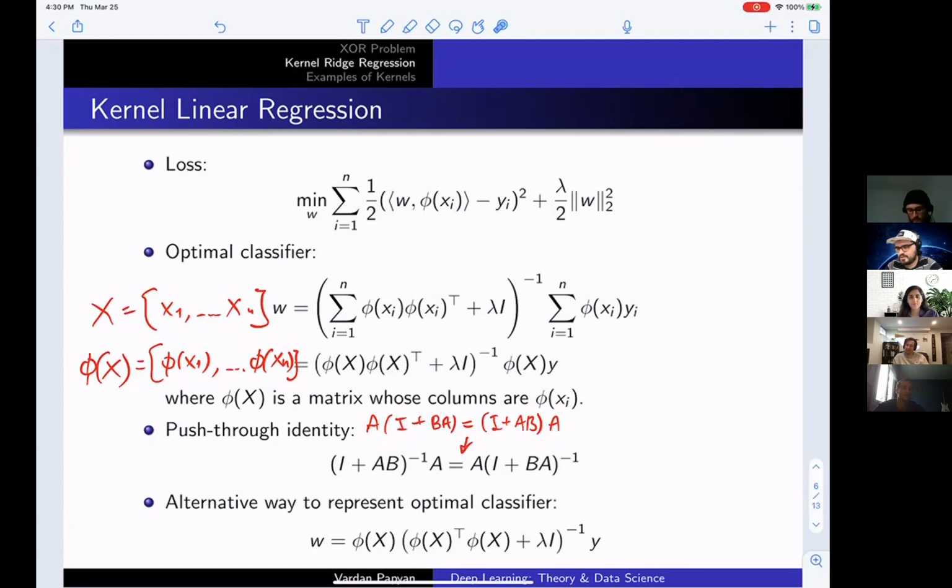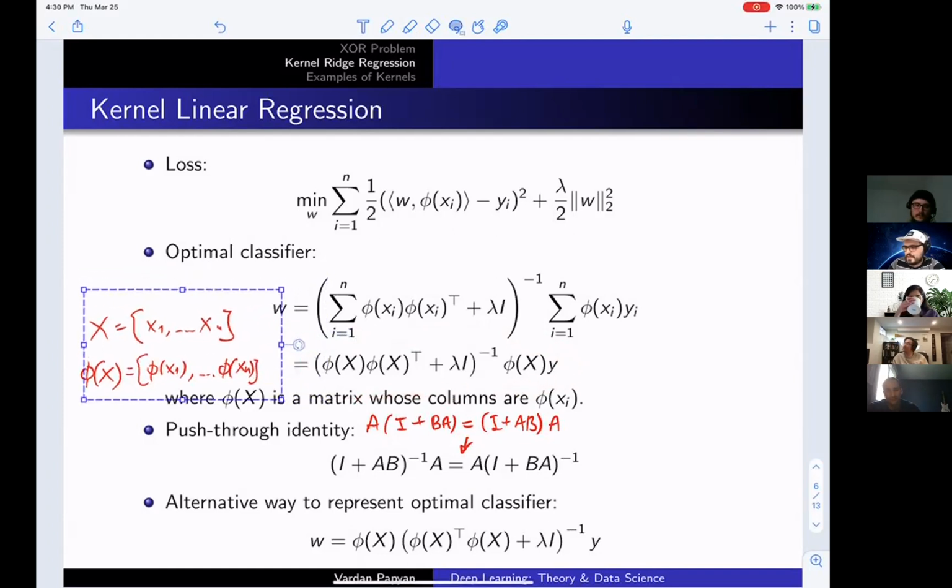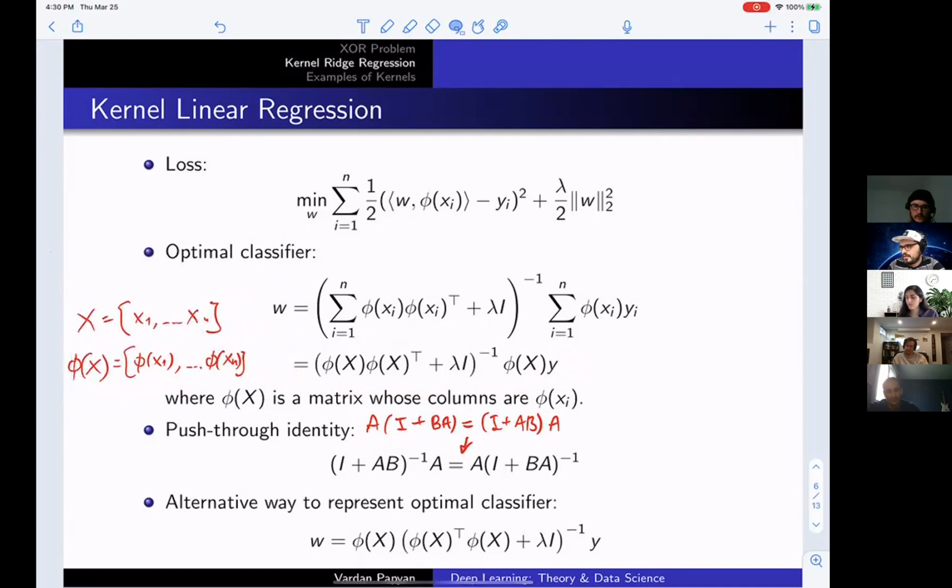Now, how is this useful to us? This is useful because if you look at this equation, which is equal to our classifier, you can apply the push-through identity here. So we're going to push phi of x through to the other side.